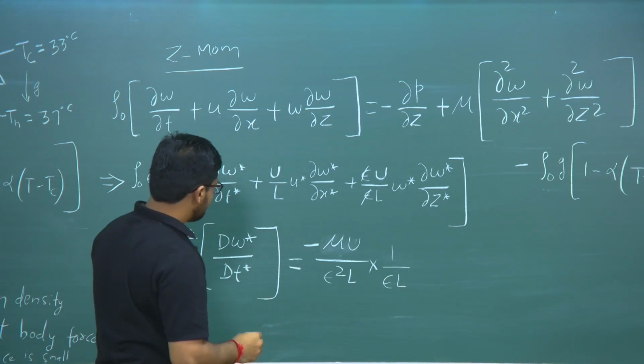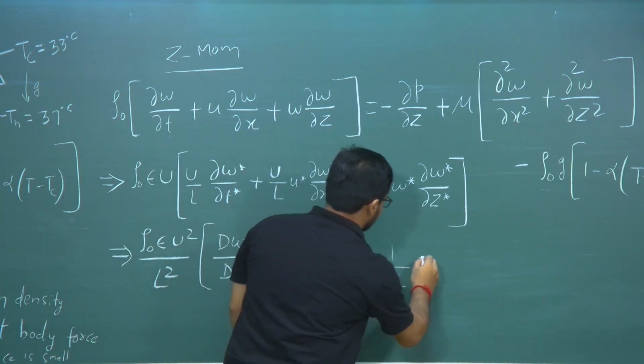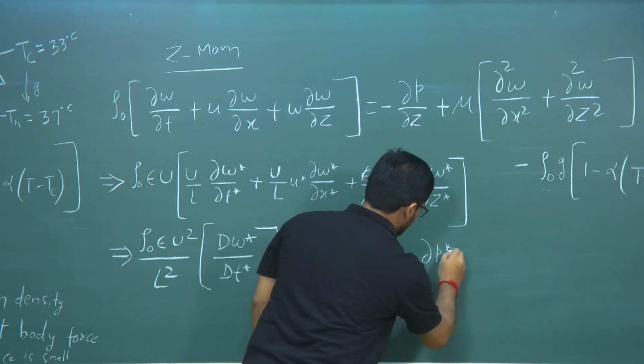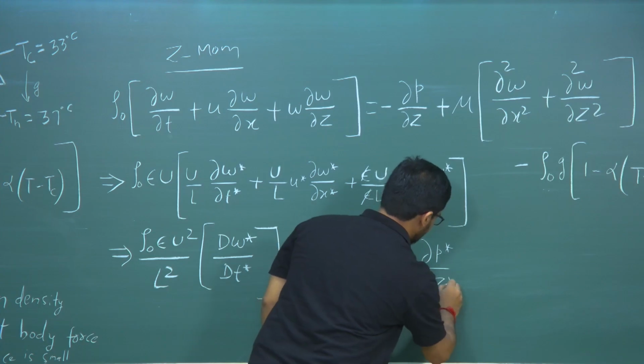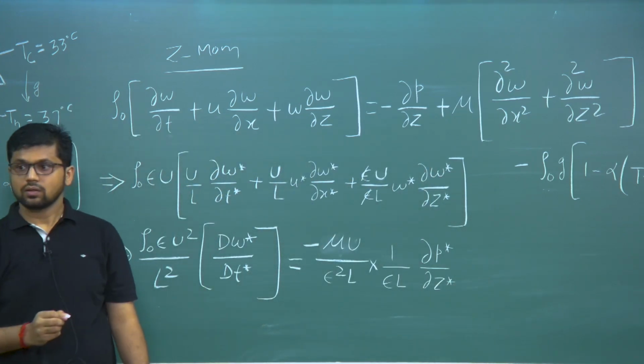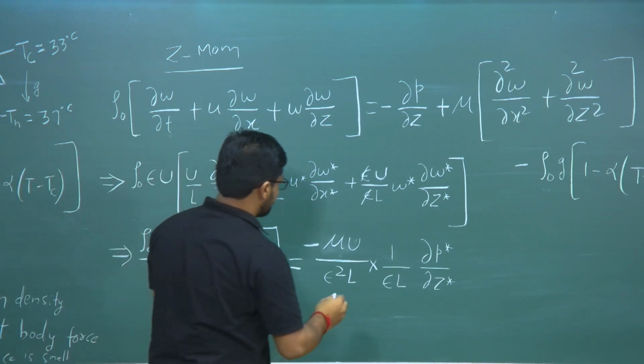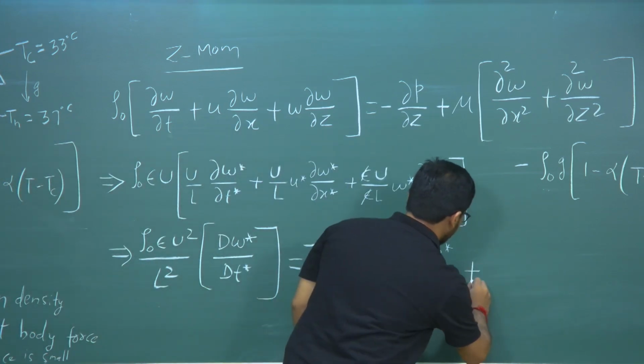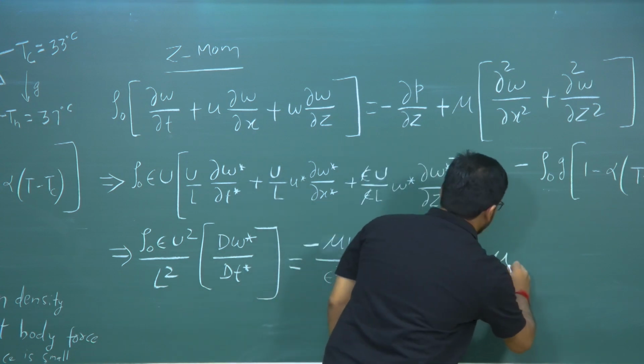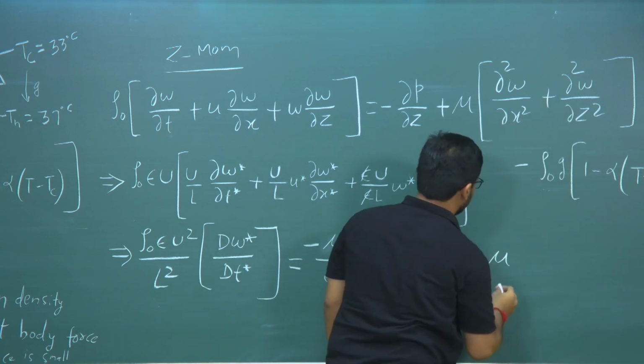With the dimension it looks correct, into dou p star by dou z star. Can anyone tell me? It was this one. Okay, thanks.